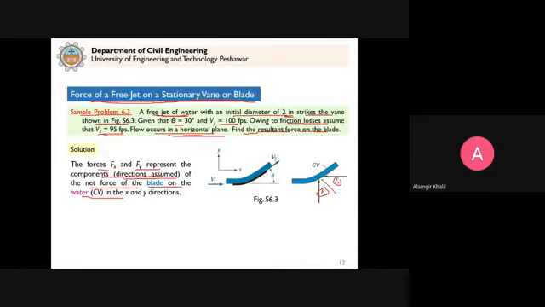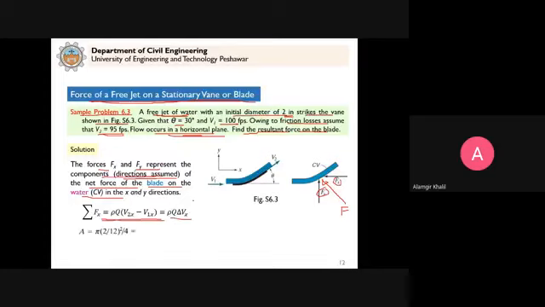So the resultant force, in this case, has two components, and this will be the resultant force. This will be the force of the blade on water. So now we consider the momentum equation in the x direction to calculate the forces. The summation of forces Fx will be equal to the change of momentum in the x direction.